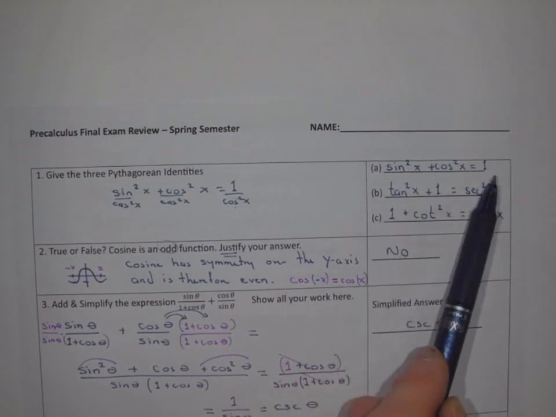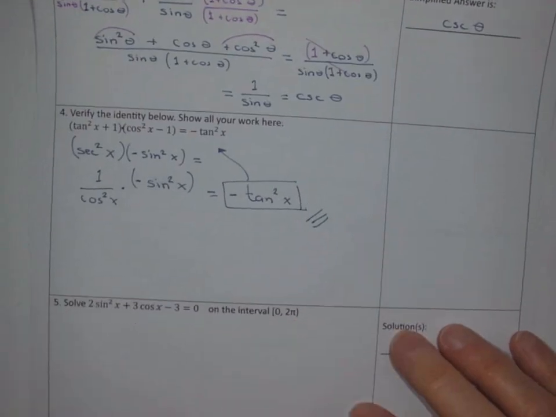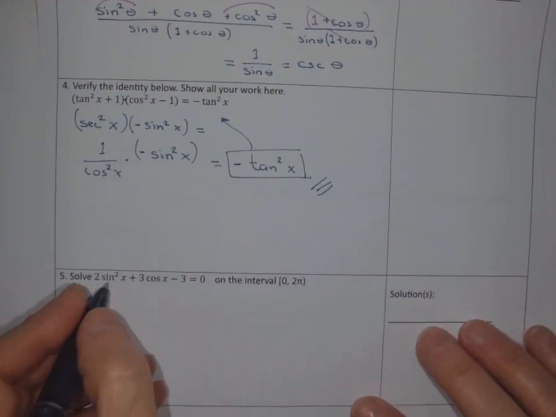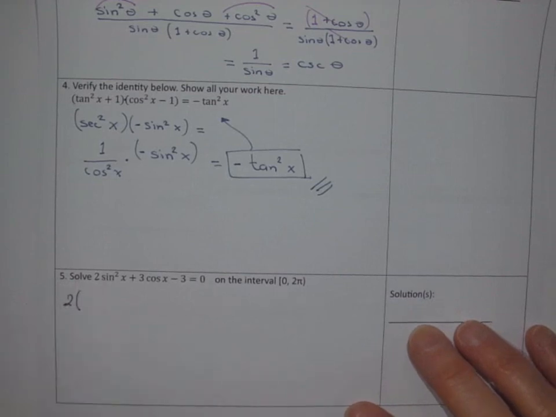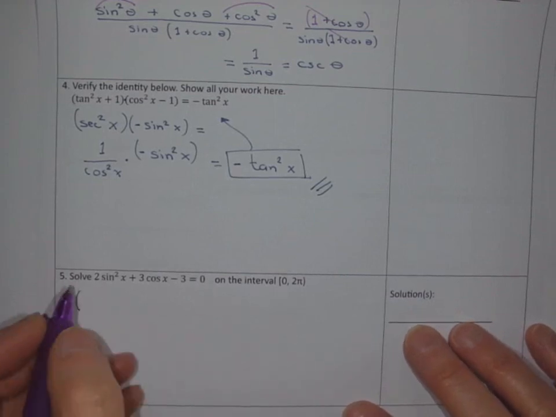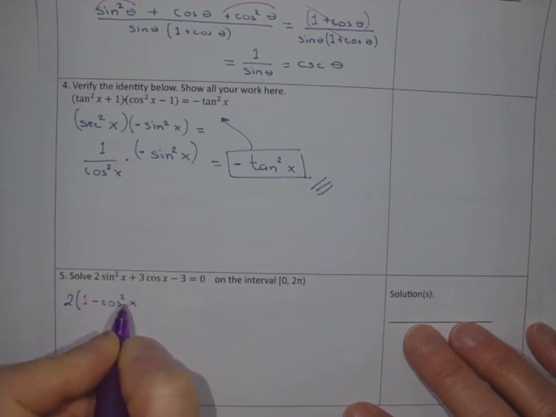We know sine squared is equal to 1 minus the cosine squared, right? So we know we're going to rewrite that sine squared, so don't forget your 2 in the front there. And then the sine squared is just going to be 1 minus a cosine squared of x.